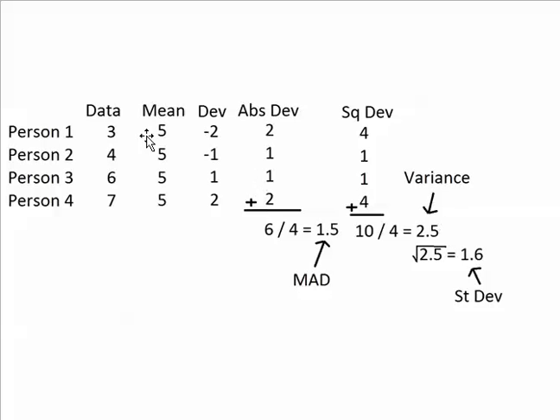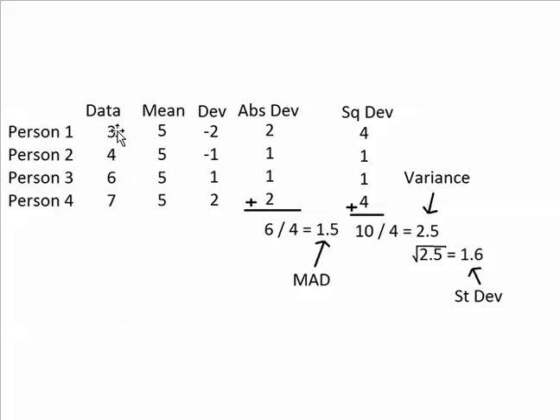Now what I'm going to do is increase the amount of dispersion in this data set to show you that the MAD, variance, and standard deviation will all increase. What I'm going to do is drop this 3 down to 2, and raise the 7 up to 8.